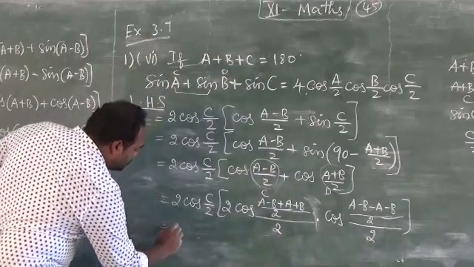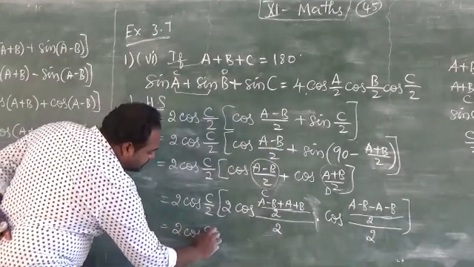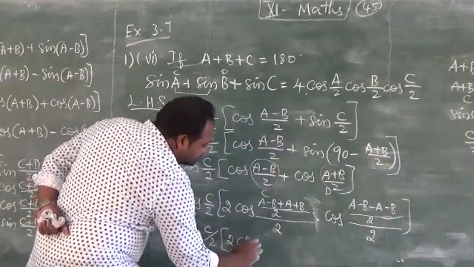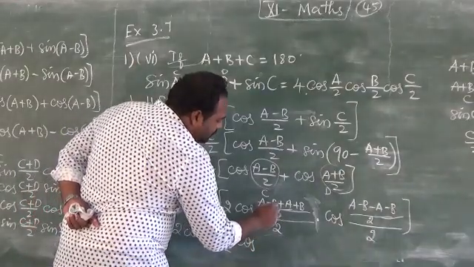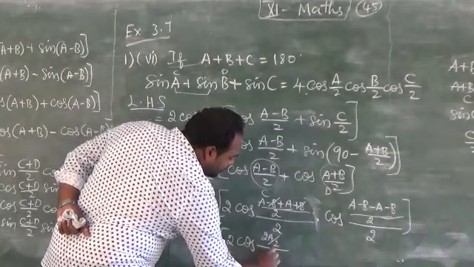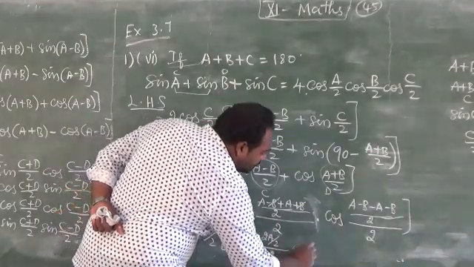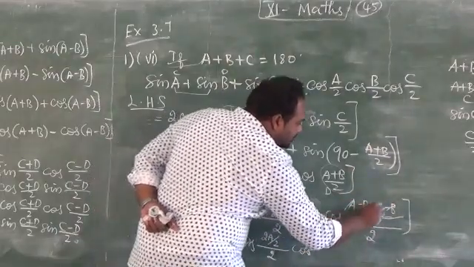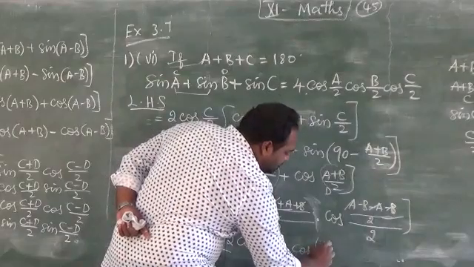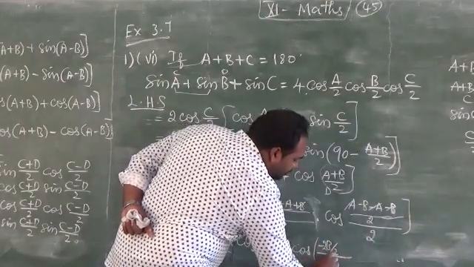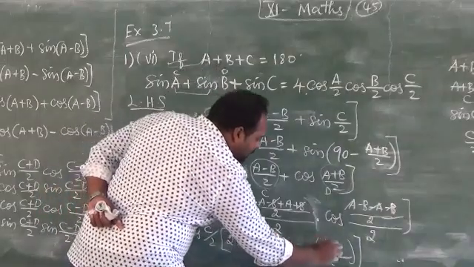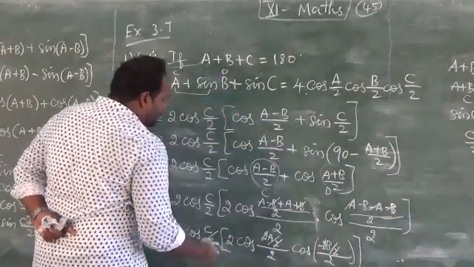So now 2 cos(c/2), here 2 cos of, b will be cancelled, 2a by 2 whole divided by 2, and in the other, a cancels, minus b will be remaining, minus 2b by 2 whole divided by 2. So here we have a cancellation in 2 and 2.